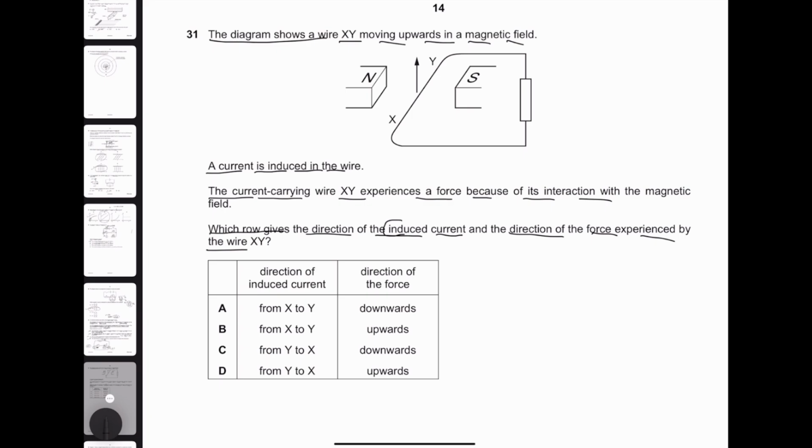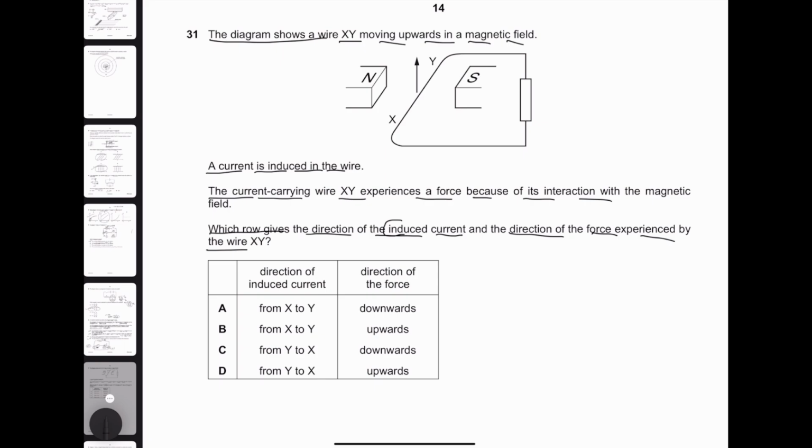Now, what you need to do is use your left hand, the flaming left hand. The thumb should point downwards now. The thumb pointing downwards and the magnetic field pointing towards the right because it is north to south, right? So thumb downwards, magnetic field towards the right. Your middle finger will be pointing into the screen, onto the plane of paper.